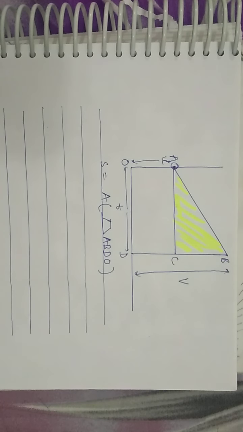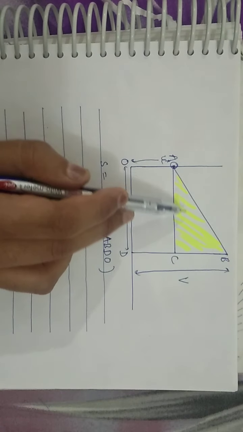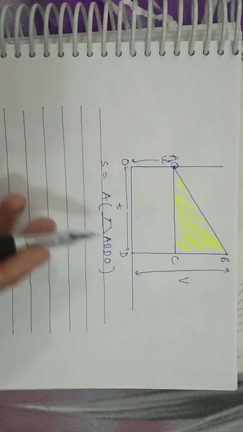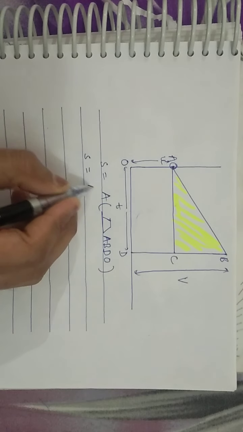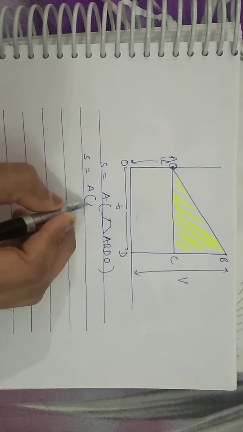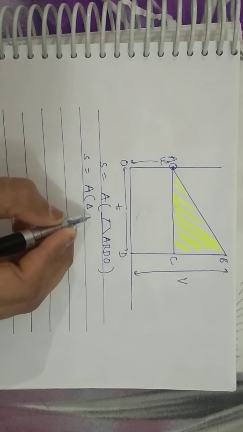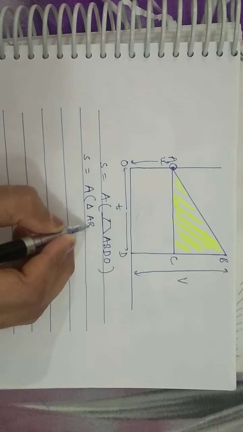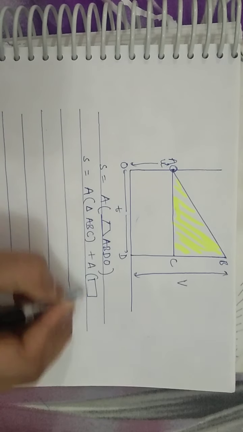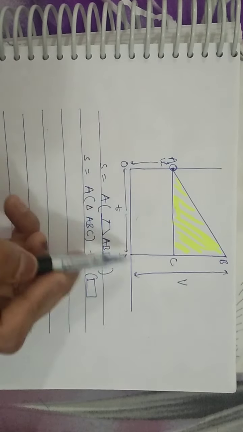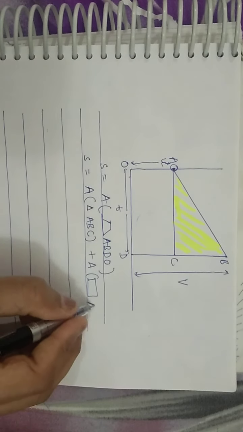Now as we have divided this complete trapezium into triangle and rectangle, just simply apply the area. S is equal to area of triangle, that is ABC, plus area of rectangle, that is ACDO.